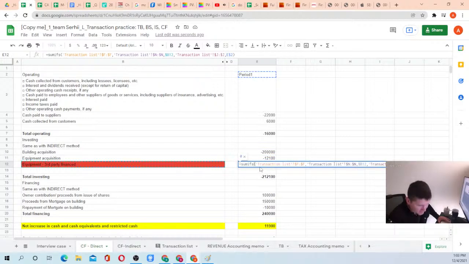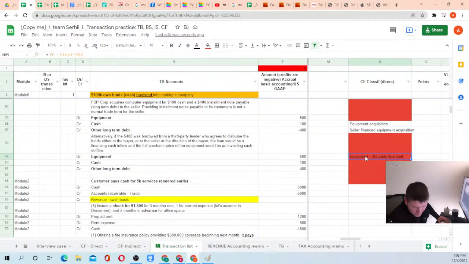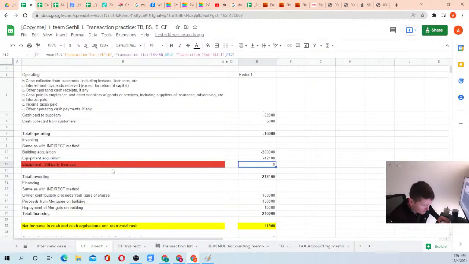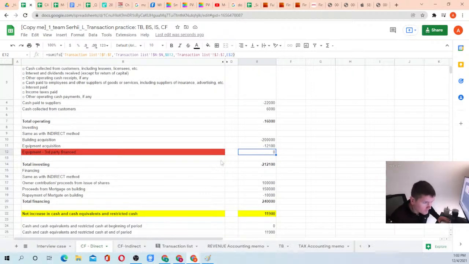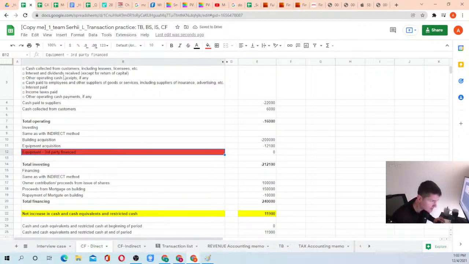Yeah, I have no idea why the formula doesn't work. For some reason my formula stopped working and I cannot figure it out.